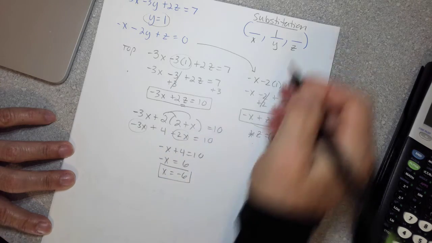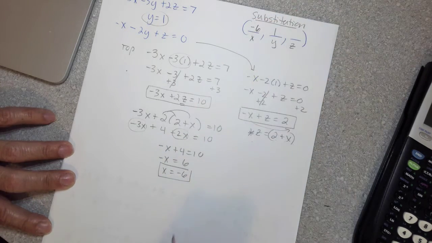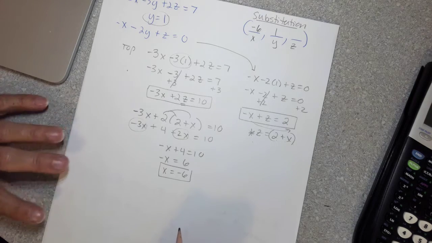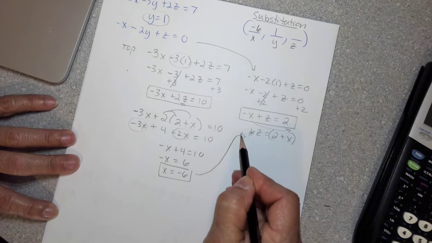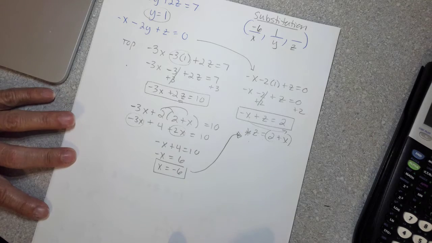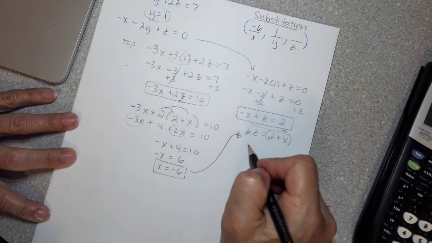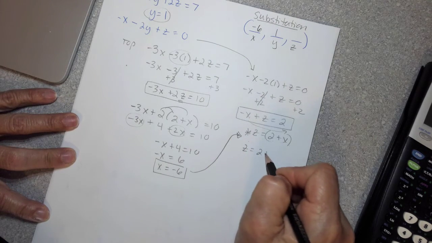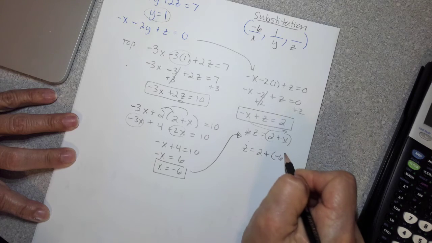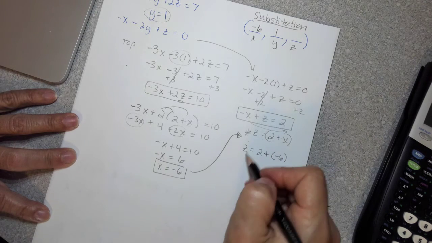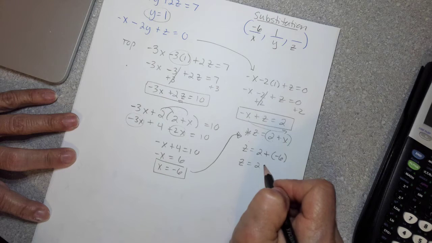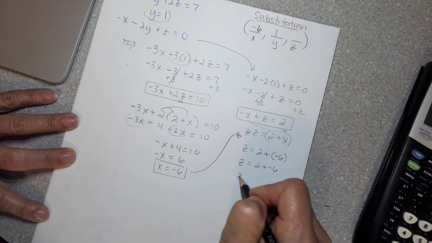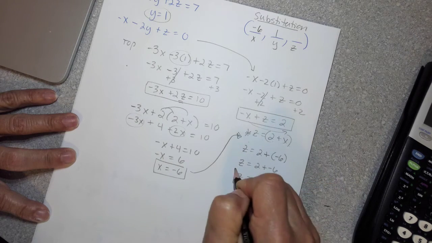So now I know that x is negative 6. So now I just have to find z, but the easiest place to find z is where I got z alone, because I know that z equals 2 plus x, and I just found that x is negative 6. So then z would equal 2 plus negative 6, so z is negative 4.